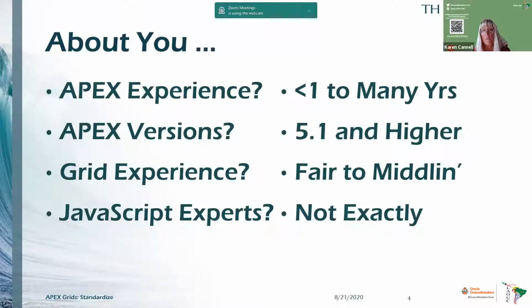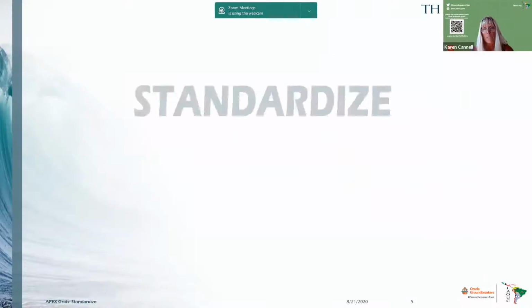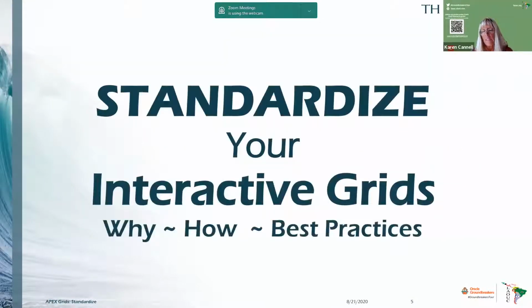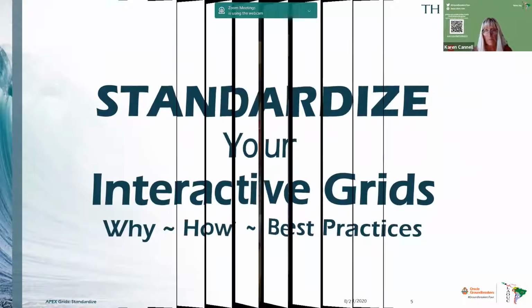You know your way around. You've used grids a little bit. You're on version 5.1 or higher, which means you have access to interactive grids, and you're mainly working with Apex. You've got that PL SQL background and are now just starting to get into the JavaScript stuff, which is the direction that the Apex team is pointing us. So this whole talk is about standardizing your interactive grids, why and how, and some best practices.